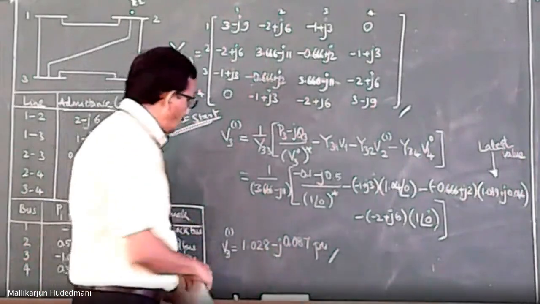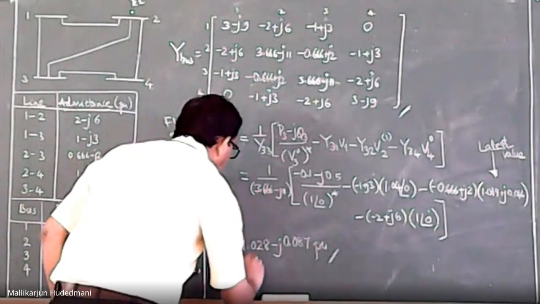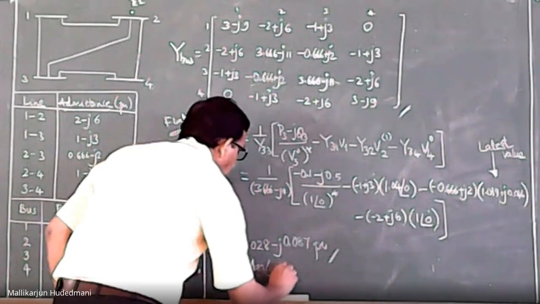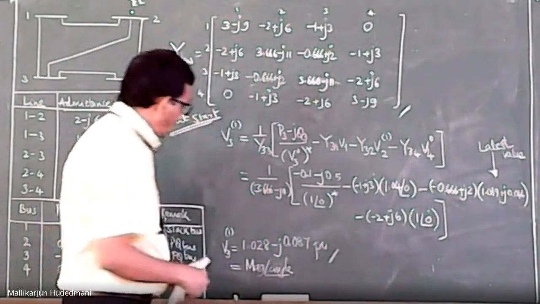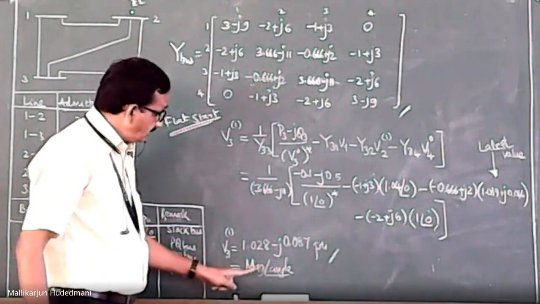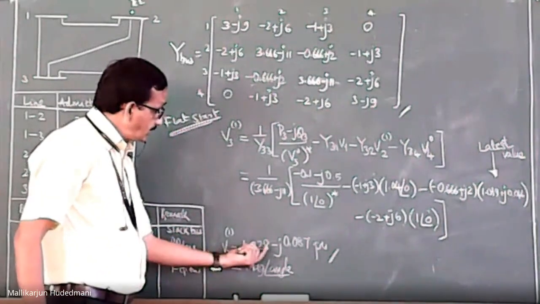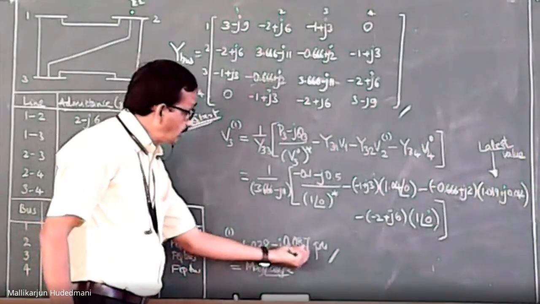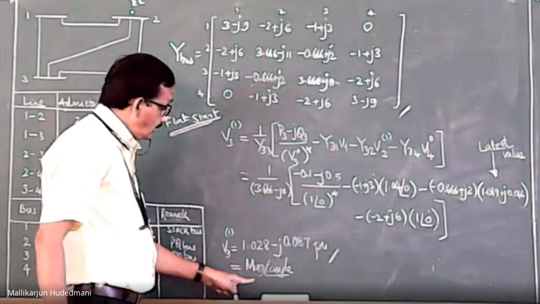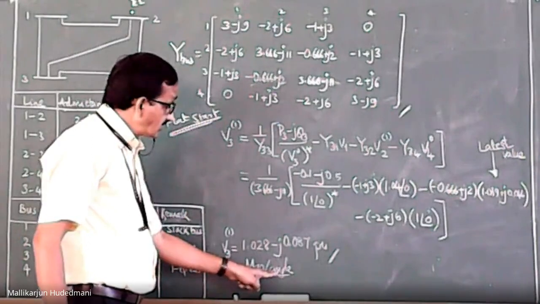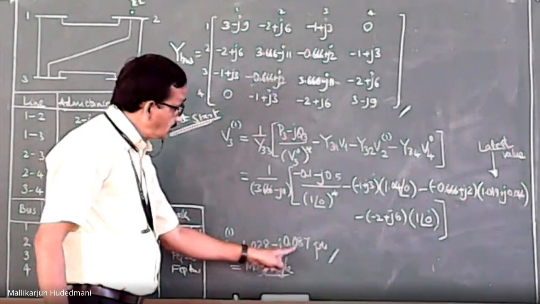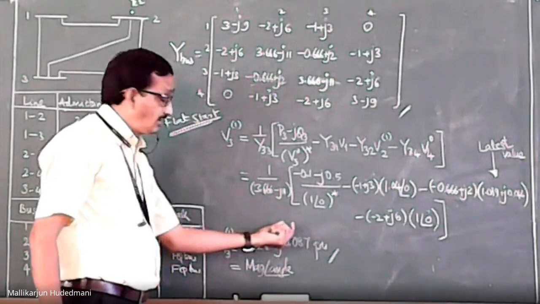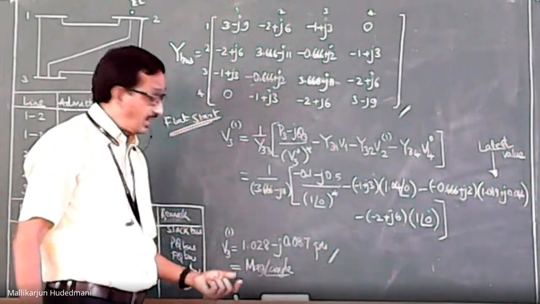When I put it in polar, it looks like magnitude and angle. This magnitude is nothing but the square root of 1.028 square plus 0.087 square, and this angle is inverse tan of 0.087 divided by 1.028.